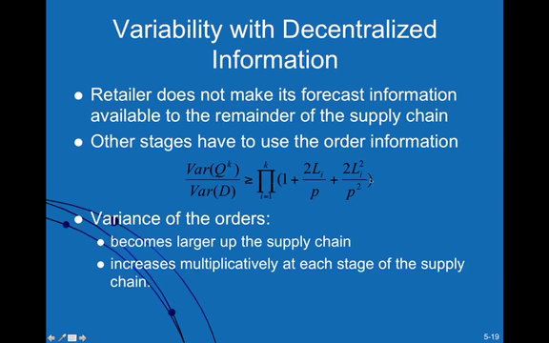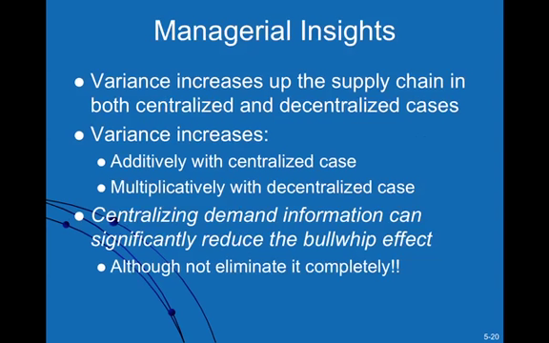So you're multiplying the value for the retailer with that of the distributor. Then if you go to the wholesaler, you multiply again, and then you multiply again to get to the manufacturer. So we're multiplying this value at each stage of the supply chain, and therefore it has a more dramatic effect on the variability, right?